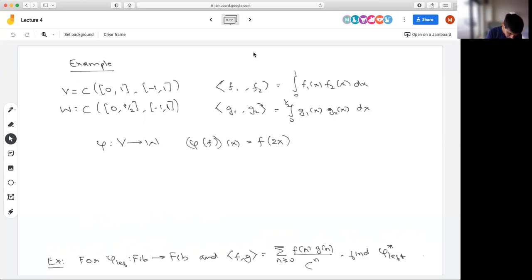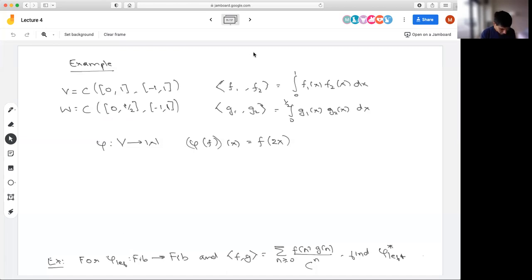And this is again, let's say, the space of continuous functions from the interval 0 to half to -1, 1. And we define inner products of two functions as the integral over whatever space they are defined on.